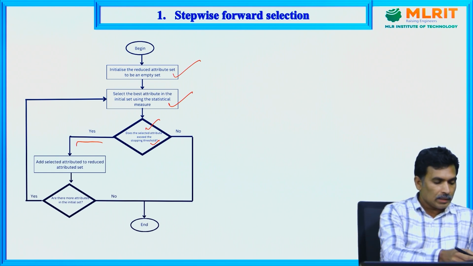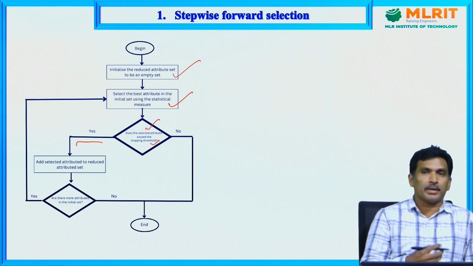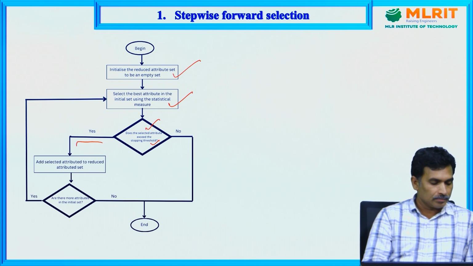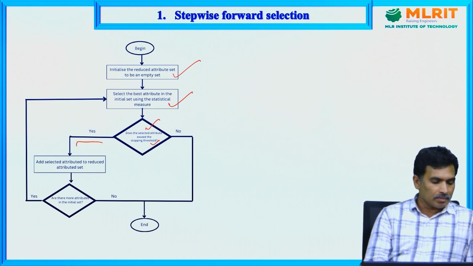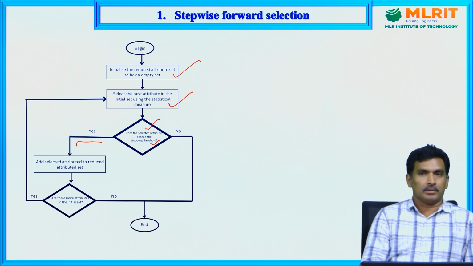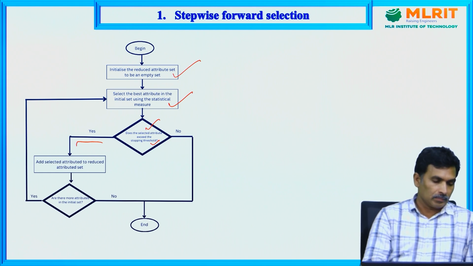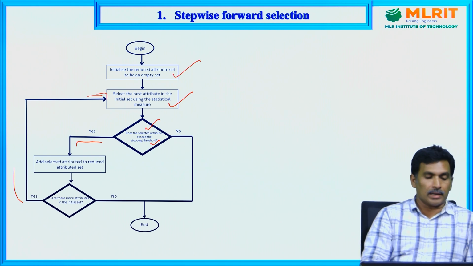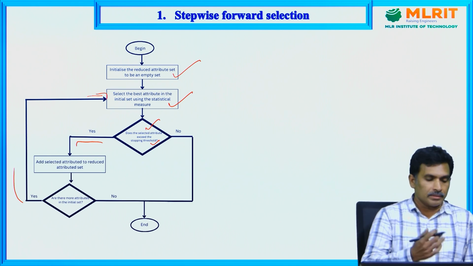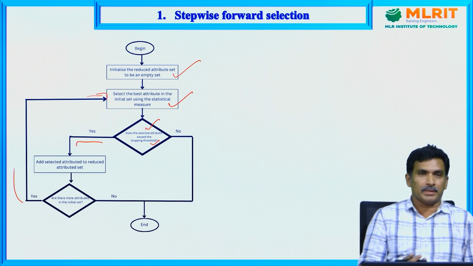And suppose we add the selected attribute to the reduced attribute set, and again we check a condition: are there more attributes in the initial set? Any attributes pending? If yes, then we go back to selecting the best attribute by using a statistical measure, and the same process will be repeated.